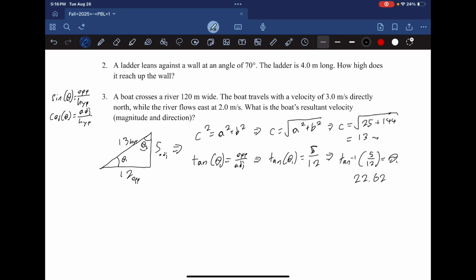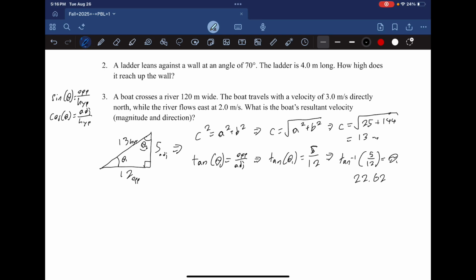But there is one more method I'd really like to go over, which is to recall that for any triangle, the angles must add up to 180 degrees. But for a right triangle, we know that this angle is already 90 degrees. And so the other two angles have to add up to 90 degrees as well, because 90 plus 90 is 180.